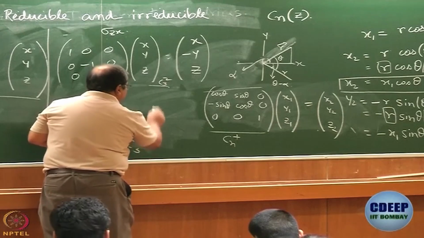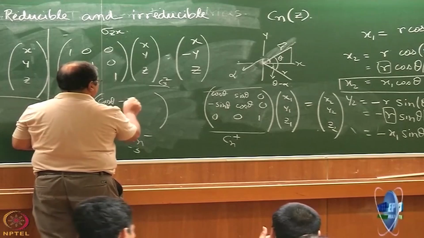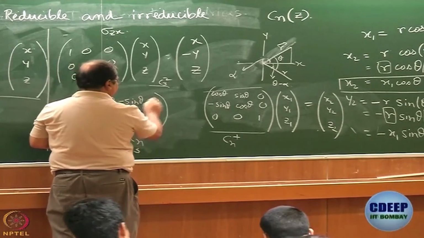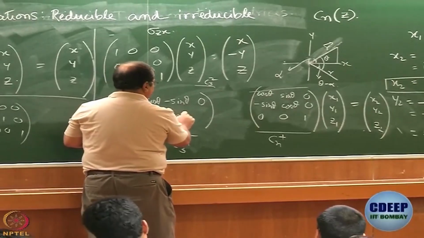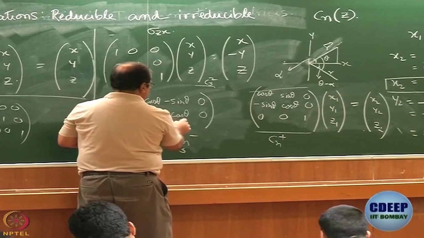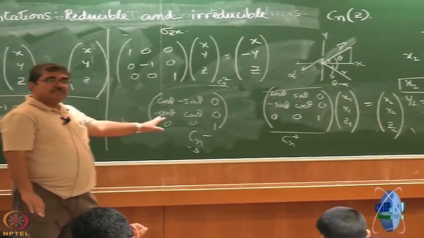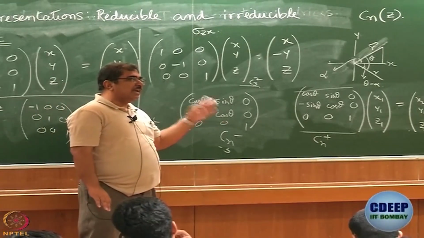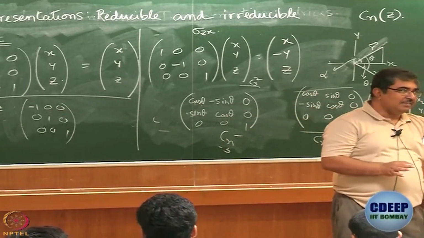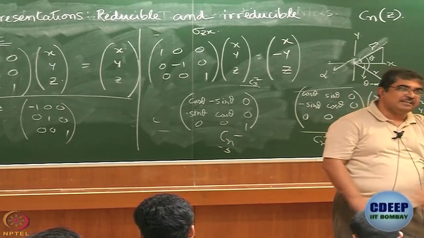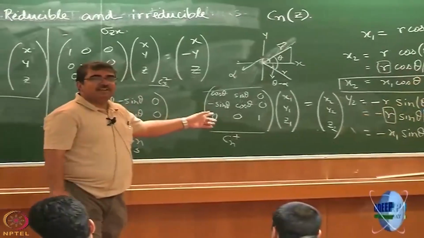For Cn minus, the matrix will be cos theta, minus sin theta, 0; plus sin theta, cos theta, 0; 0, 0, 1. You do not have to believe me on this, work it out yourself, you will get this. And while you do it, I encourage you to work out different kinds of angles. Do not stop at an acute angle, make it an obtuse angle. You will get the same answer.